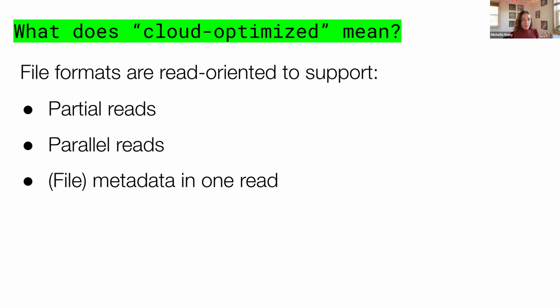If you're watching this on YouTube later, we're going to write it up to the cloud once, or write it onto the internet once, but people will view it over and over. So we want this video to be set up in a way that it's easy for people to access and read in. And people might not want to watch the whole video. Maybe they just say, oh, I want to watch that one part where Michelle talks about what cloud optimized means.